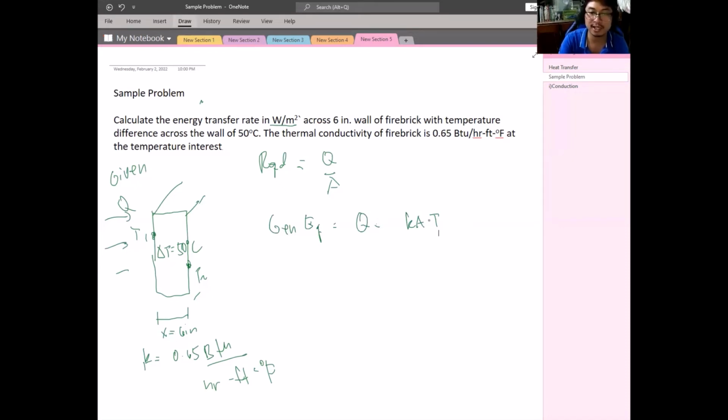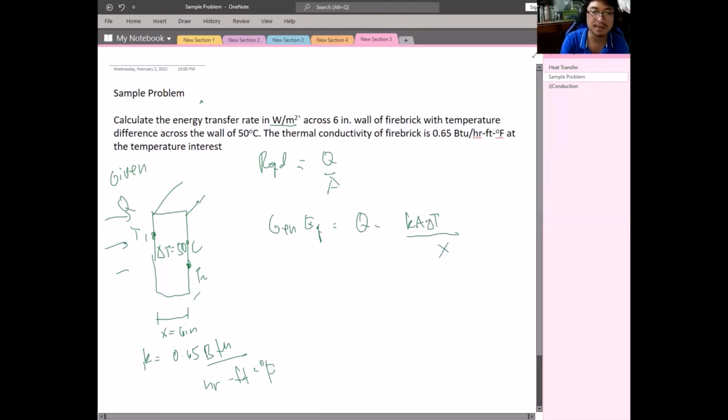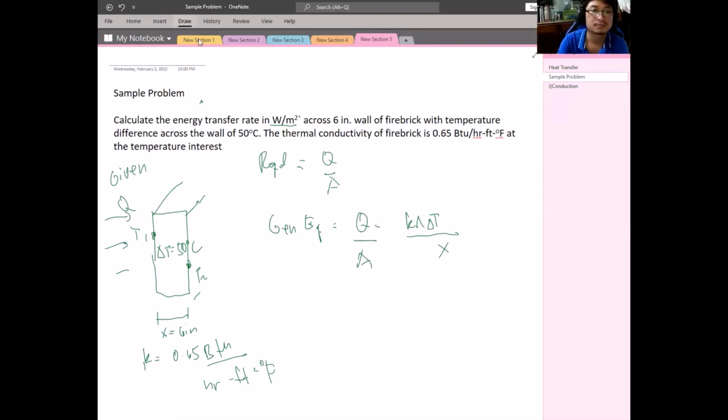Where your T is delta T. But the required is Q over A, so we will bring down the area. So this will be our working equation, Q/A = kΔT/x, without the A kasi constant naman yung A natin.